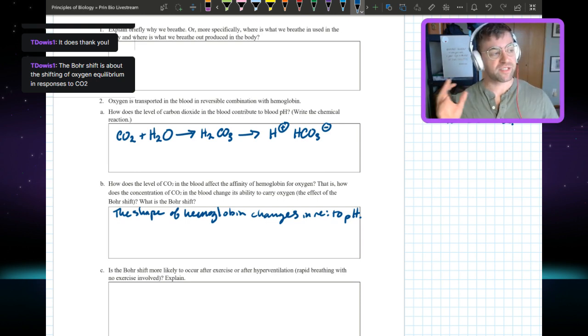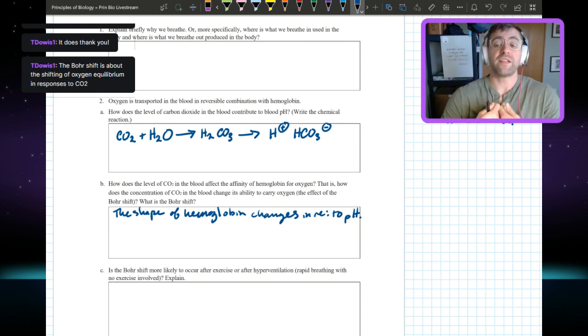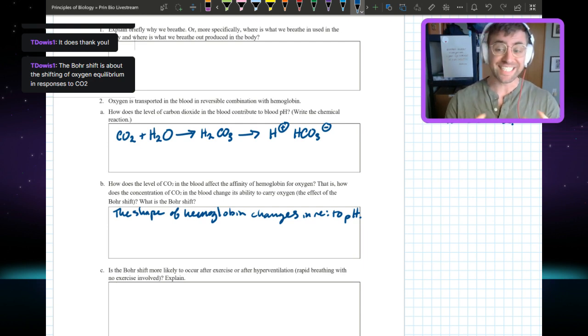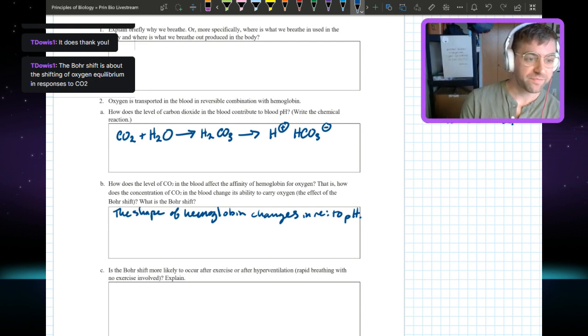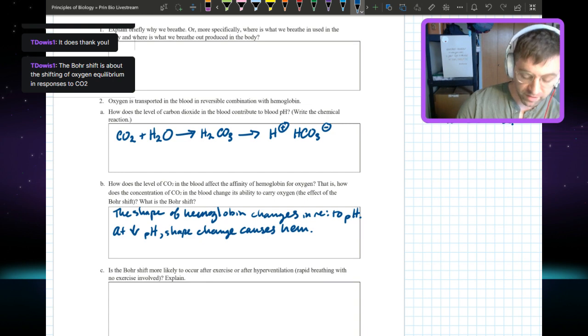So as the metabolic demands of the cells increase, hemoglobin is more likely to give up the oxygen that it's transporting. So its affinity for oxygen decreases. Shape change, I'm just going to abbreviate here.